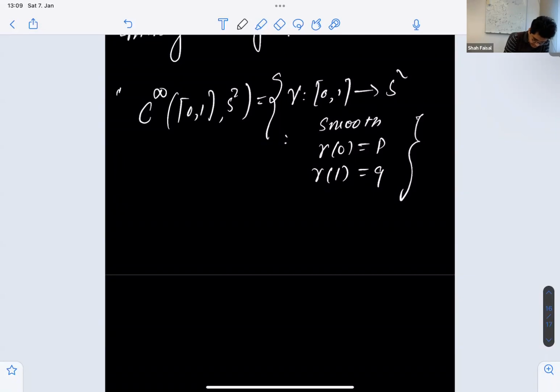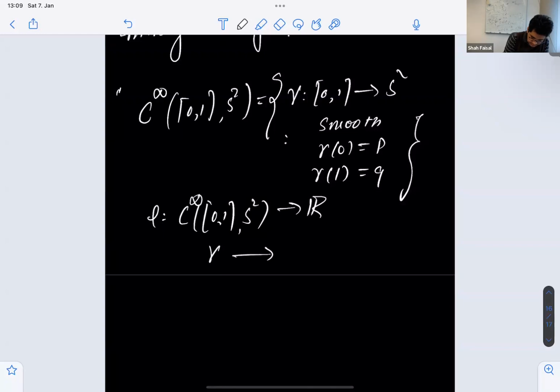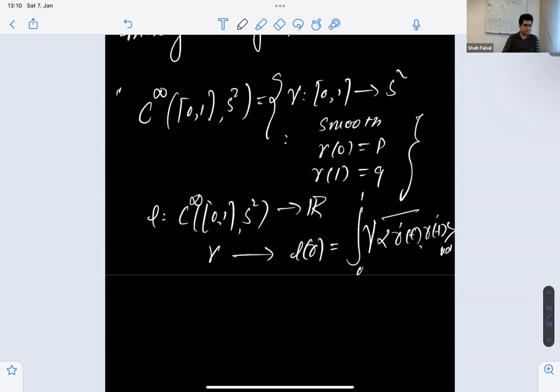But you can define a functional, called length, to R. So take gamma and map it to the length of gamma. And the length is the integral from 0 to 1 of the norm of gamma prime, and this is basically using the induced inner product on S2.